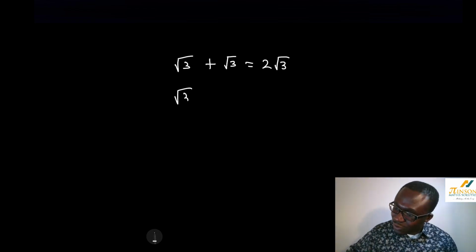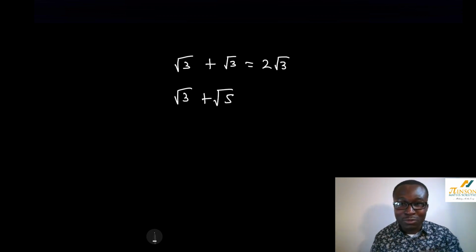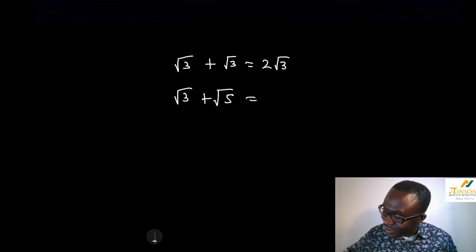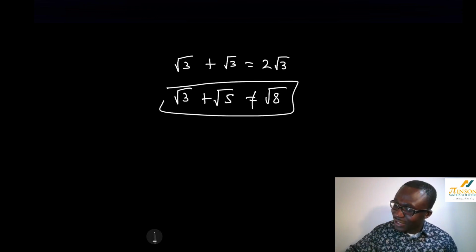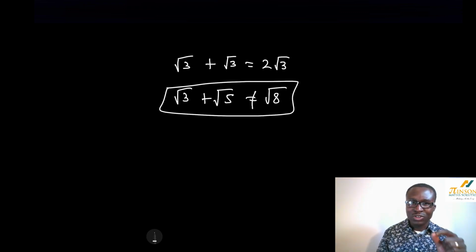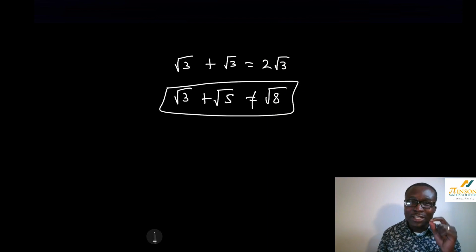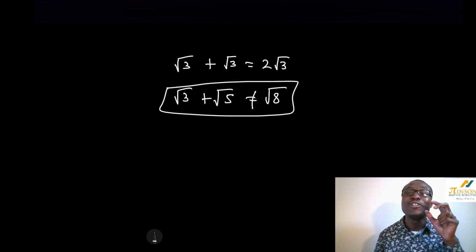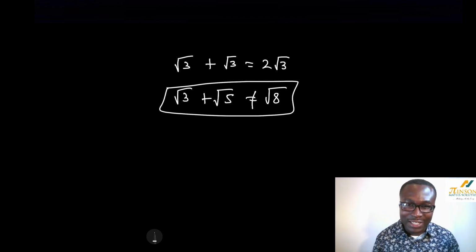However, square root of 3 add square root of 5, this is what breaks my heart. Please don't break my heart. It is not square root of 8. We cannot add it. That is a very great crime against maths. Don't be a maths criminal. We cannot add non-like terms, and therefore surds that are not alike cannot be added.